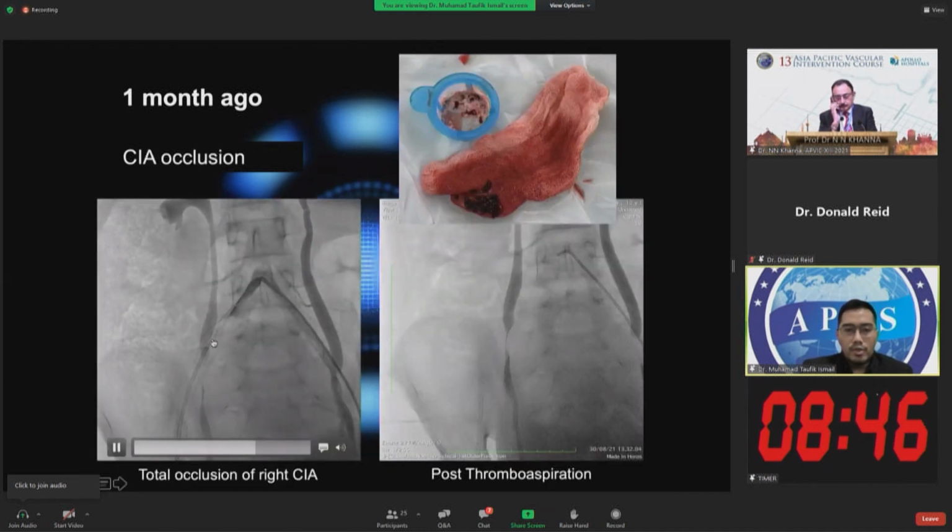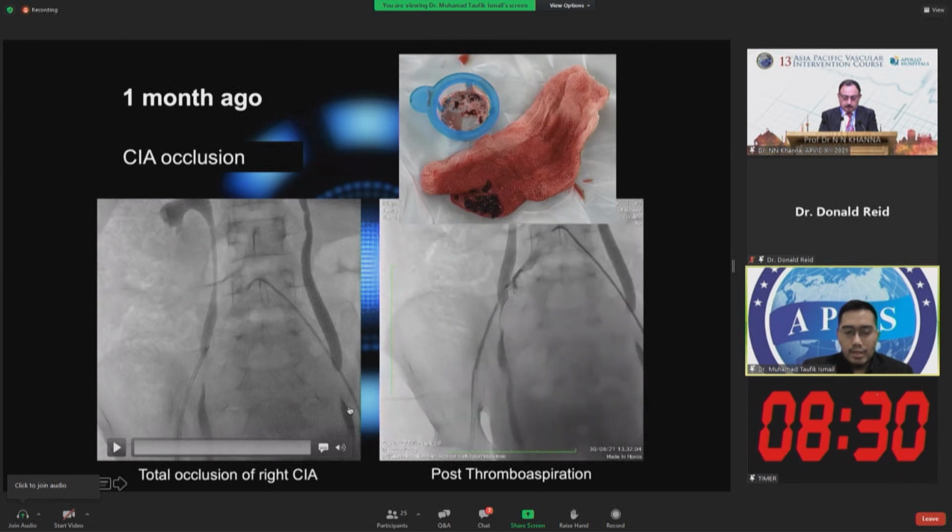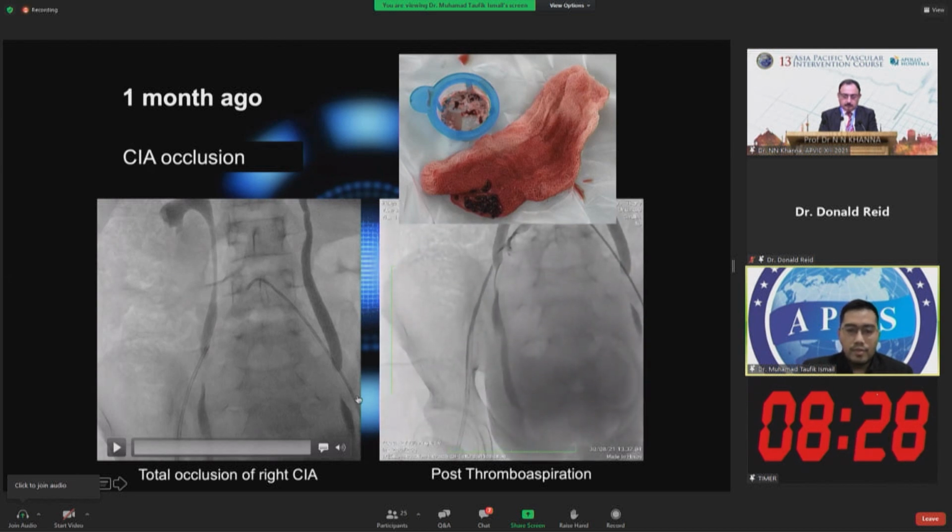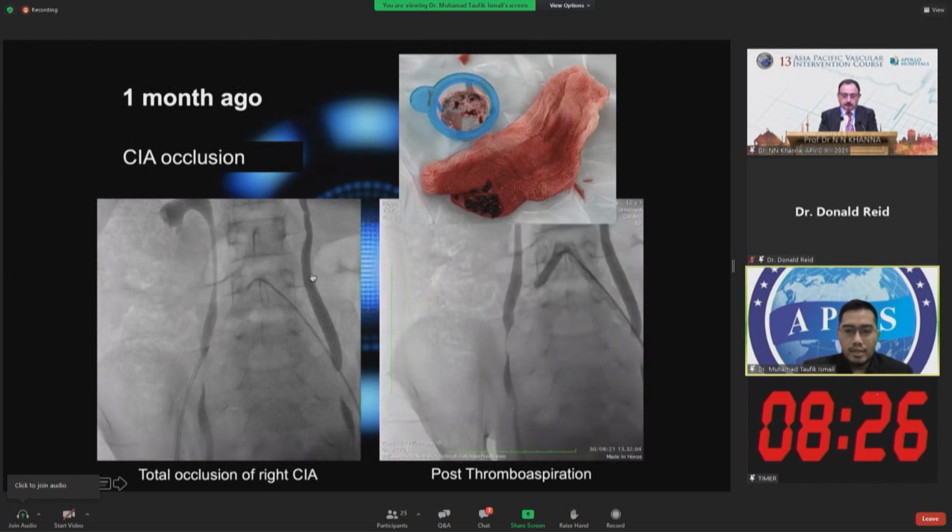Actually, before the coronary intervention, we had difficulties when we punctured the right femoral artery. So we thought that maybe there was an occlusion of this vessel. So we decided to puncture the contralateral left femoral artery, and we can see here total occlusion of the right iliac artery 1 month ago.